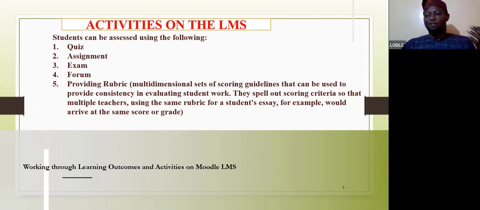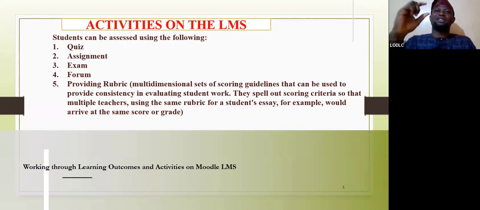When we are talking about formative assessment, the first thing we think about is that this assessment measures how a student is learning during the course of study. If you look at the learning outcomes I showed you the other time, as the student learns and understands each learning outcome from the materials, the student should be able to see whether he actually understands what the learning outcome is all about through some questions that are embedded within the learning outcomes.